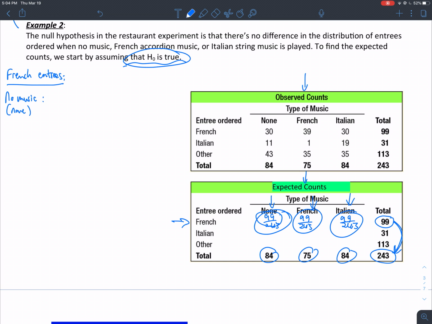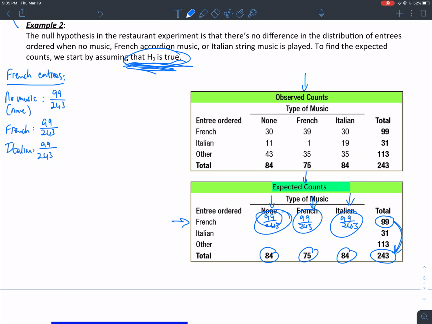That's my null hypothesis. So I'm assuming 99 out of 243 when no music is playing. I'm also assuming that same thing when French music is playing, and when Italian music's playing. 99 out of 243.